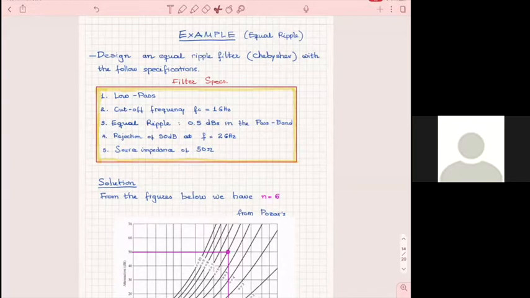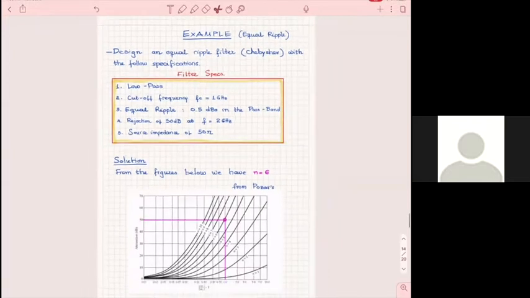And I don't care about having these ripples in my pass band because eventually my signal is strong enough and I can manage this through my amplifier and the rest of the system. I don't worry about the ripple. So in that case, you will go for Chebyshev.